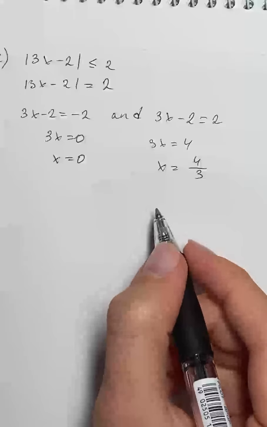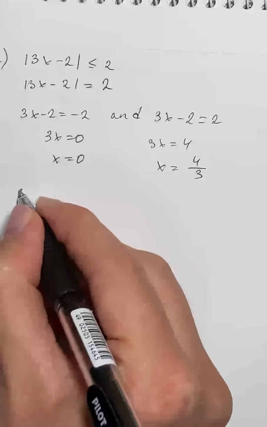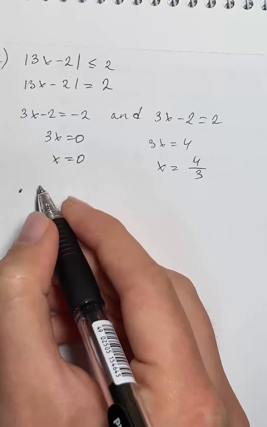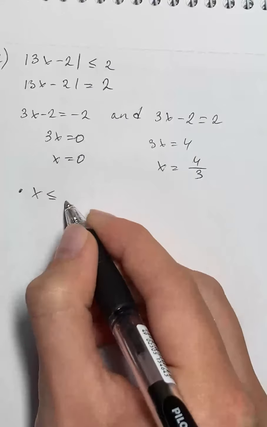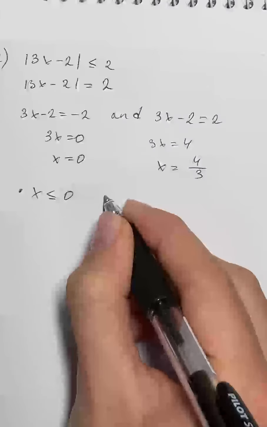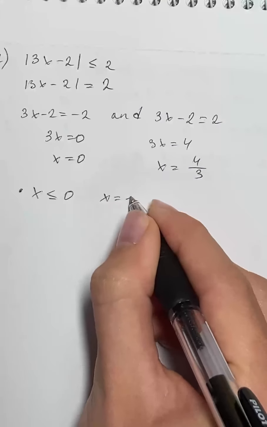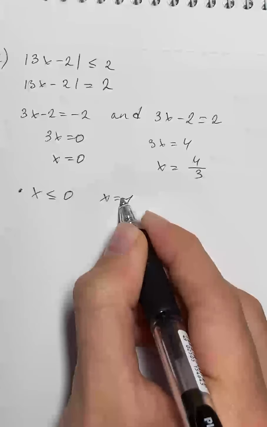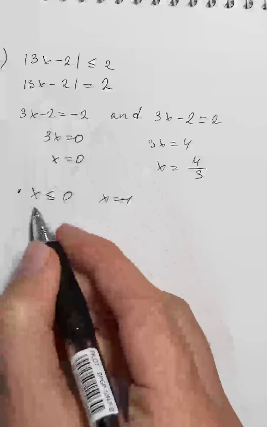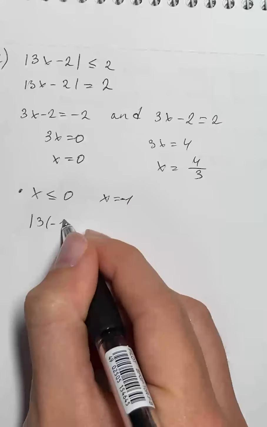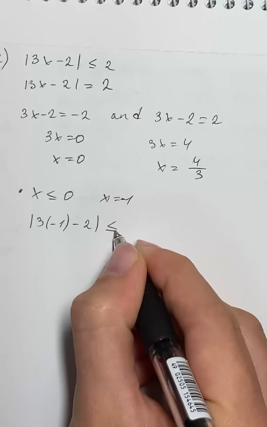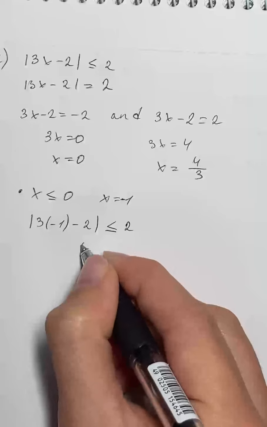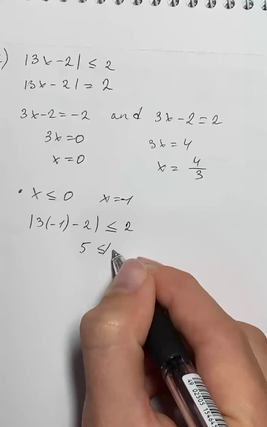Hence, the number line will be divided into 3 regions. The first is x is less than or equal to 0. So the test point is -1, so we substitute -1 and get the absolute value of 3 times -1 minus 2 is less than or equal to 2, and we get that 5 is not less than 2.